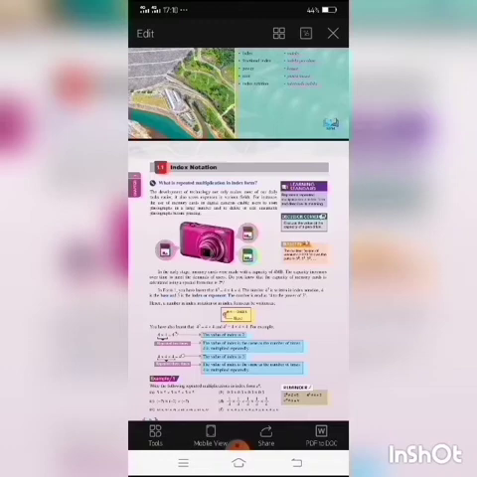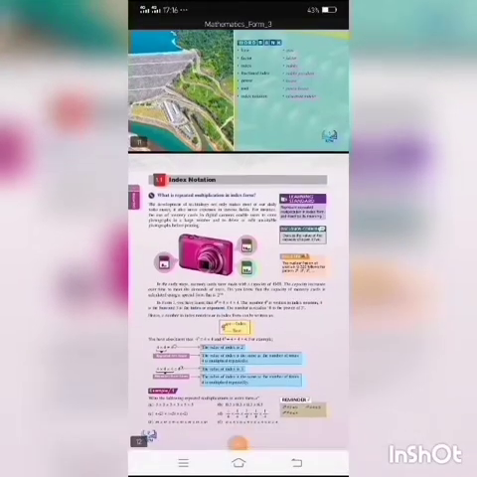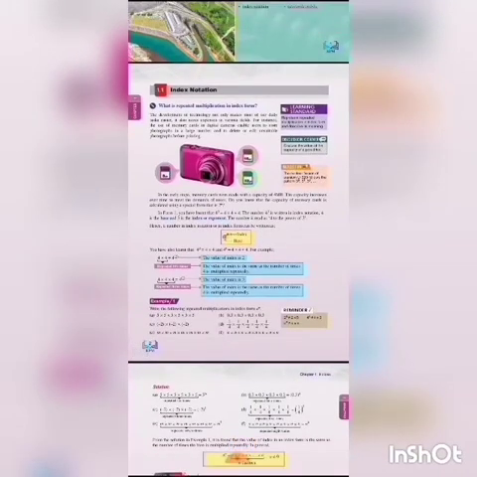The development of technology not only makes most of our daily tasks easier, it also shapes expansion in various ways.